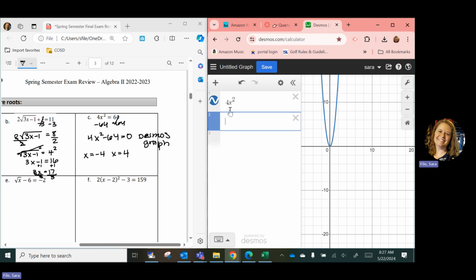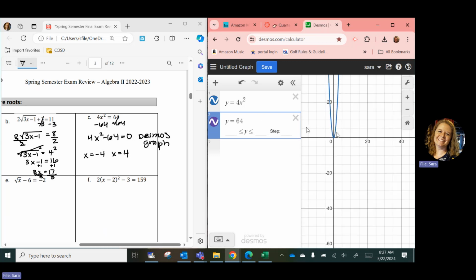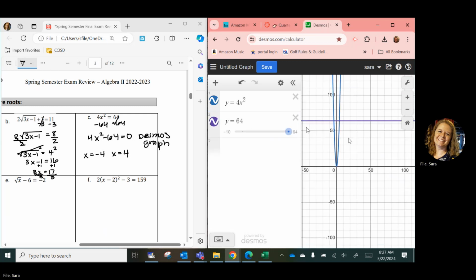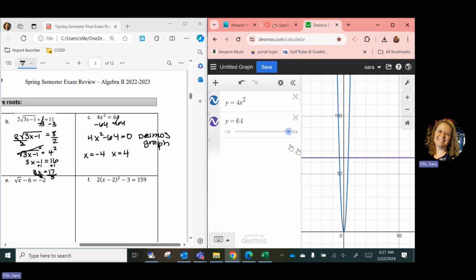I'm writing them as two separate functions: y equals the left side and y equals the right side. And then I'm going to look for where they intersect. I had to zoom out to see that because 64 is up there pretty high. But look at the x value of those intersections. What is it? -4 and +4, right? It's the same solutions we got here.